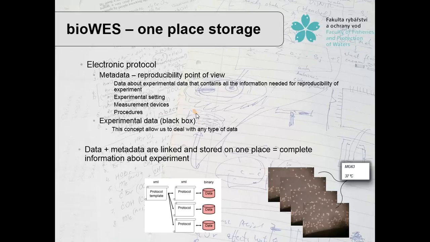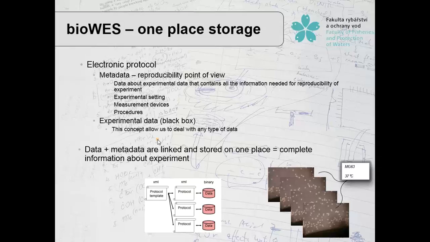Experimental data, I have to mention, is a black box. What does it mean? The system is designed to store any kind of experimental data, because there can be a lot of different data types. Therefore, the data are just a black box for the system.